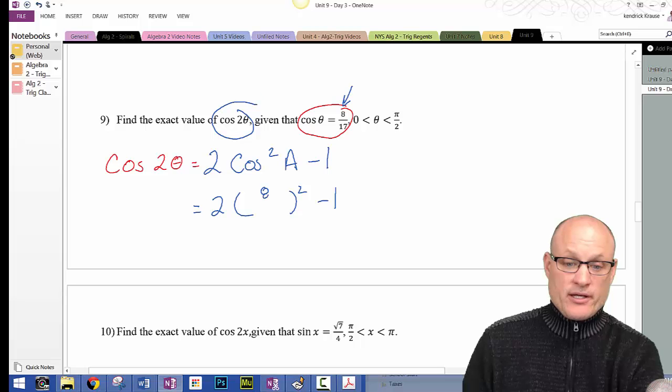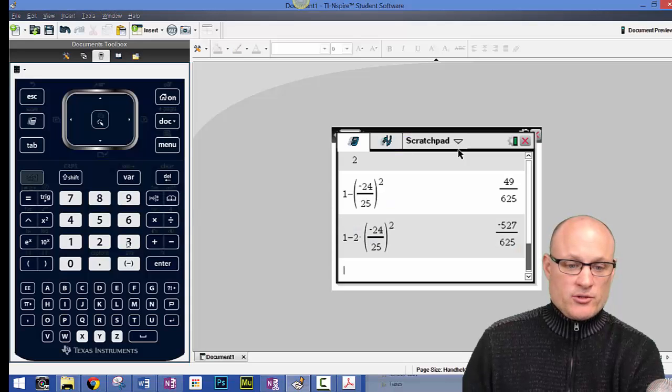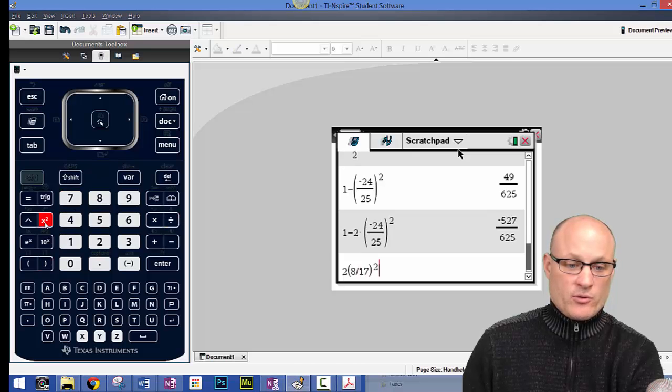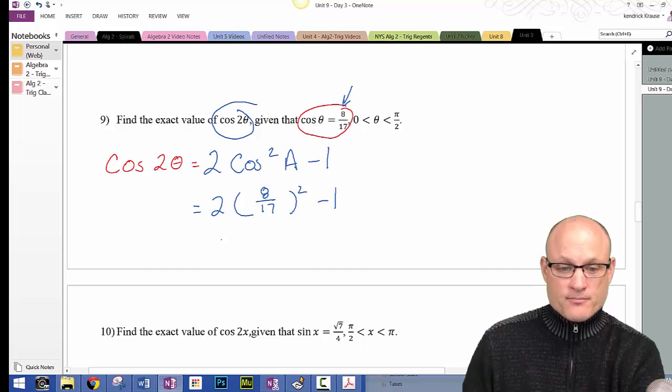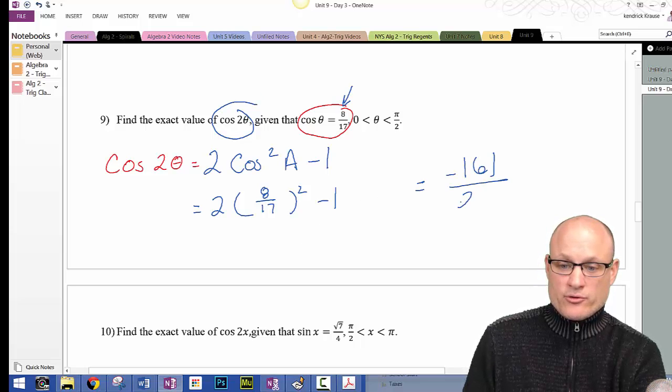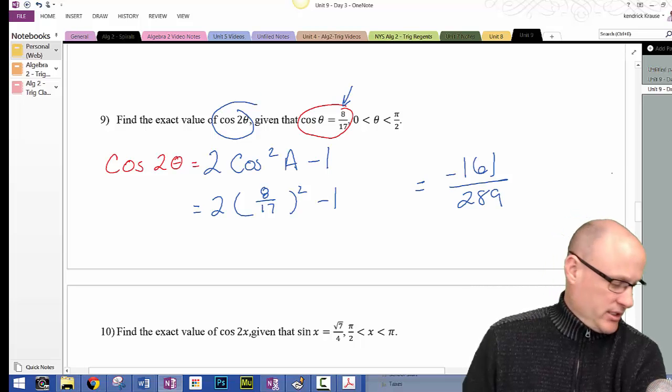I just put in 8 over 17. So I'm going to type this into my calculator. 2 parentheses 8 divided by 17 parentheses squared minus 1. I think I got it right this time. Should look nice for me. Negative 161 over 289. Negative 161 over 289. Almost done, kids.